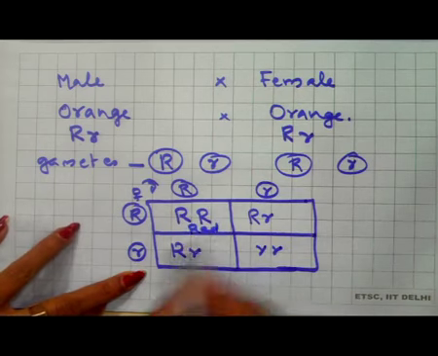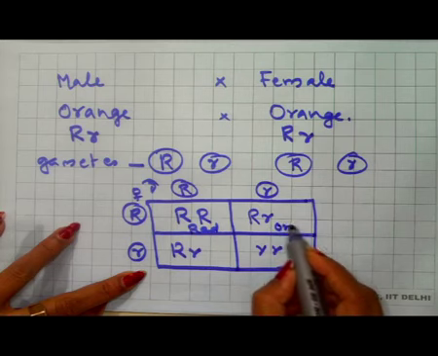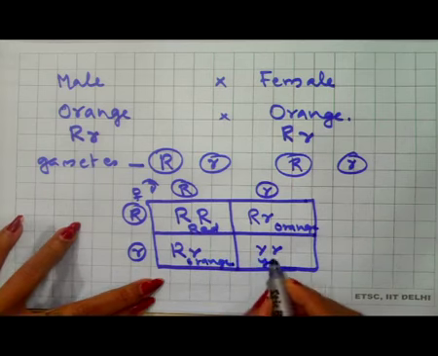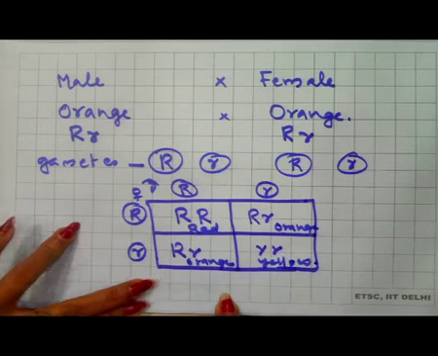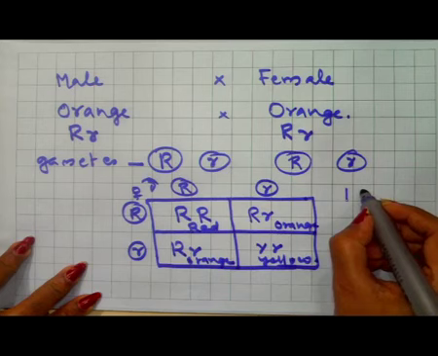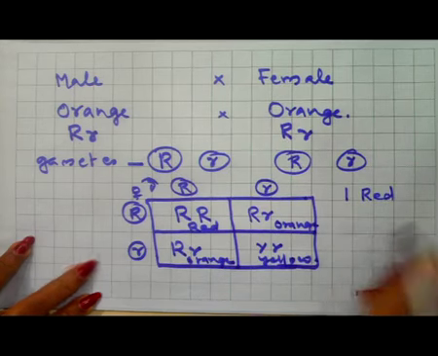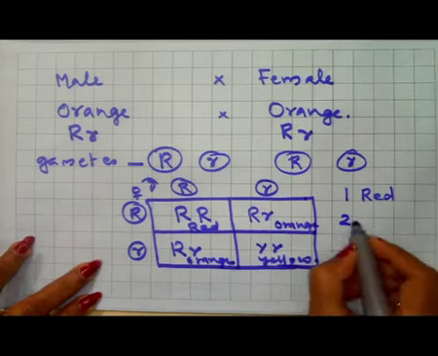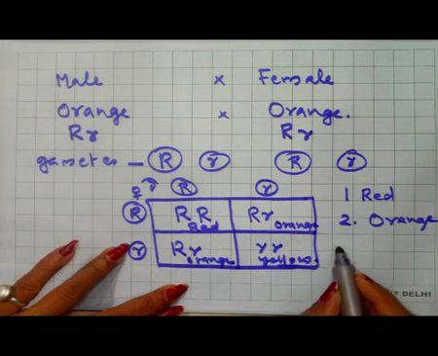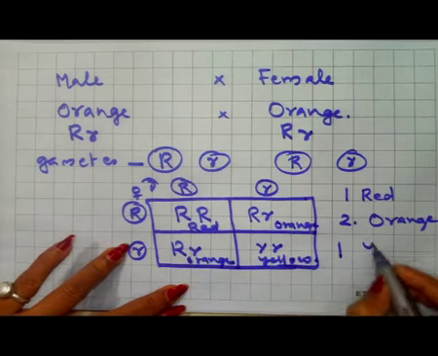This will be red, this is orange, this is also orange, this one is yellow. So, we will get one red, two orange and one yellow.